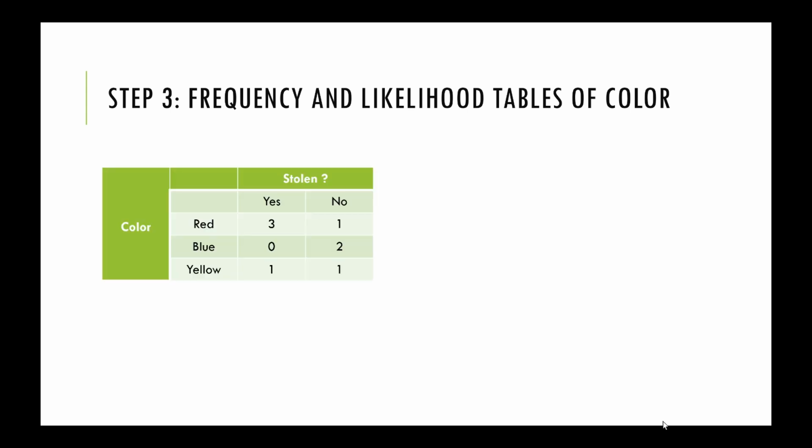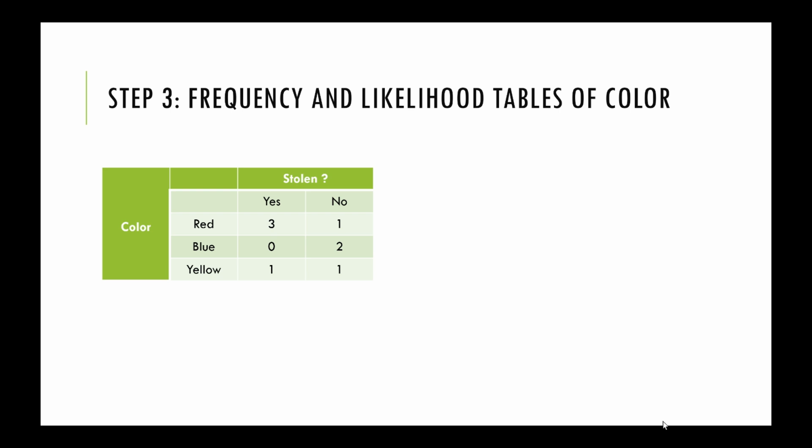In that we have red, blue, and yellow. For red, the count of yes is 3 and no is 1. For blue, yes is 0, and no is 2. Yellow, yes is 1 and no is 1. So the total should be 8. Red total is 4, blue total is 2, yellow total is 2.